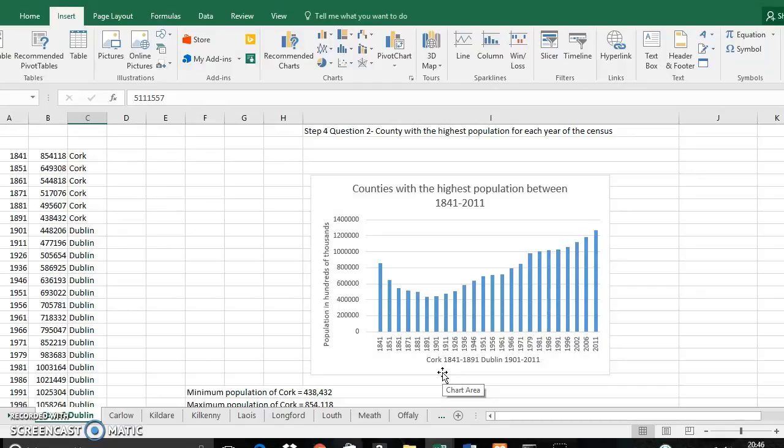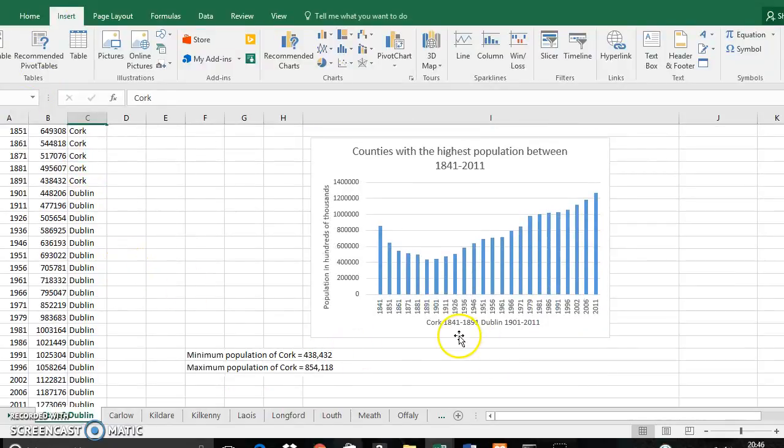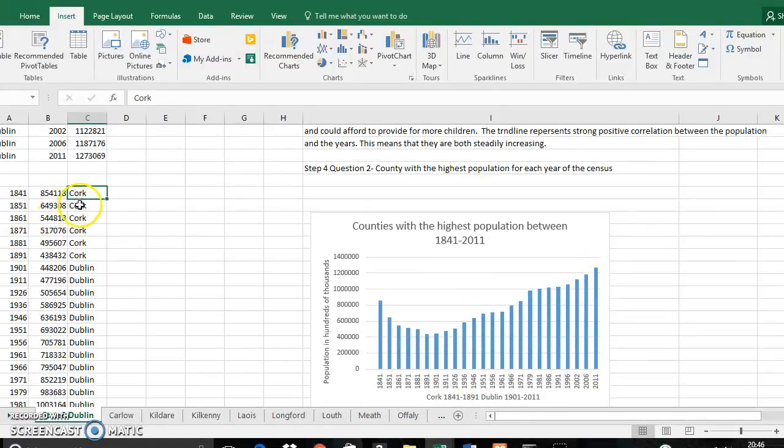Oddly enough, no other large county such as Galway or Tipperary, counties just as large by land size, if not just as large physically, made the population table. And there's no pattern. It's not as if it's Cork, Dublin, Cork, Dublin, Dublin, Dublin, Cork. It just seems to be consistent.